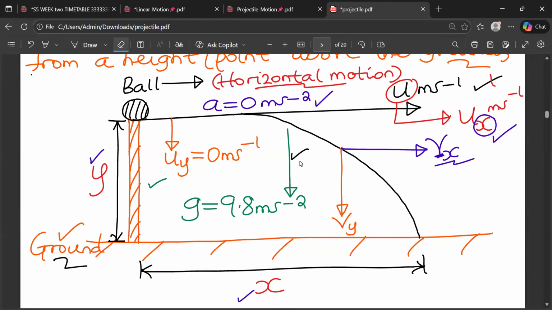But the problem is, are we really sure? Do you know what this Vx is? That's what I was asking actually. What is that Vx? Just from the diagram we have, the hardest part in projectile motion is this diagram: knowing whatever they put there and appreciating how things are going to be used in the different calculations.